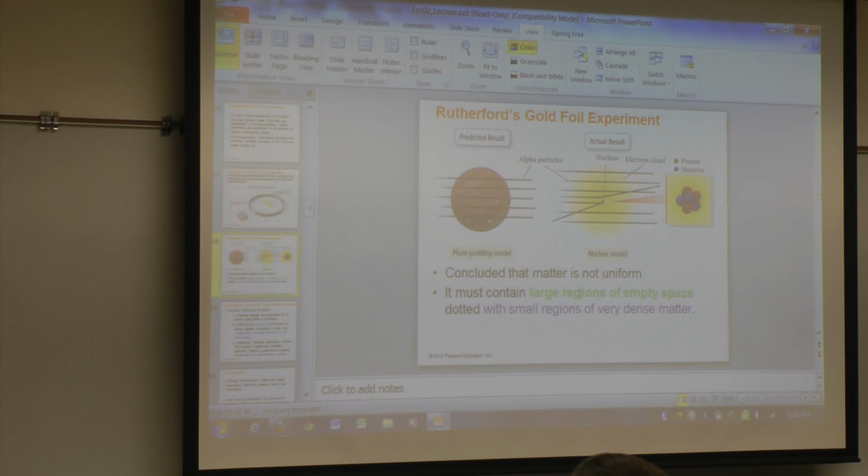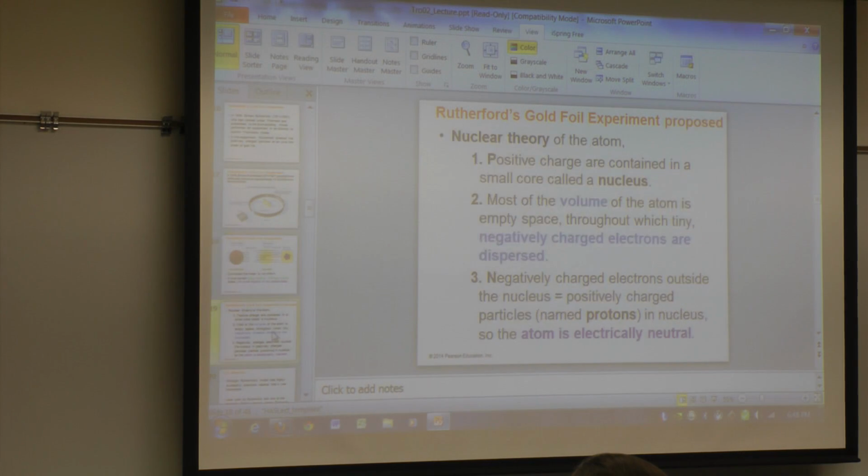So later on, they came up with a nuclear theory of the atom, and it was Rutherford that proposed this, that in fact most of the volume of the atom is empty space, and that negatively charged particles are dispersed around.